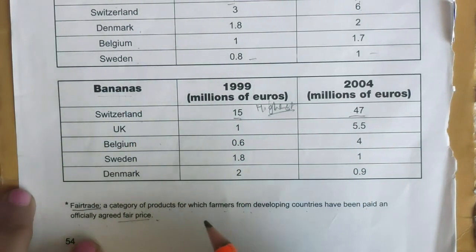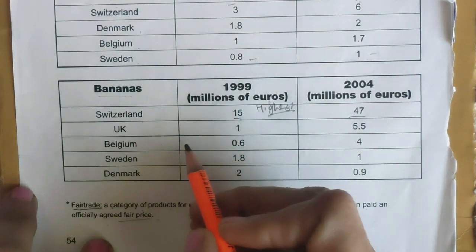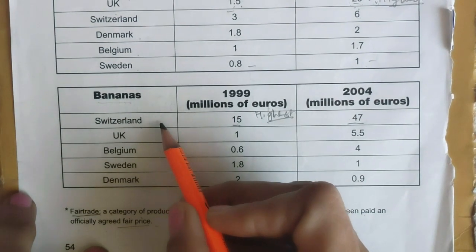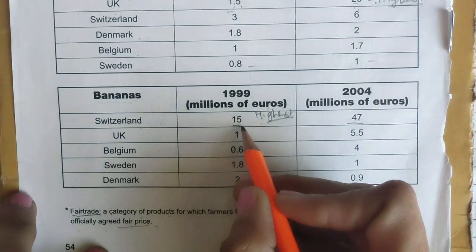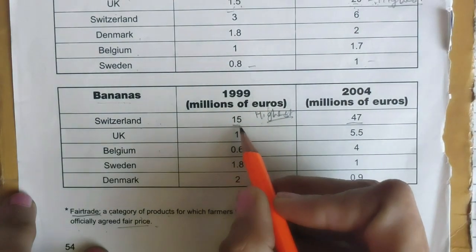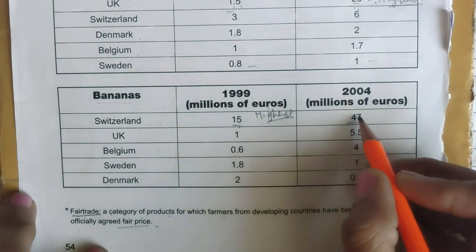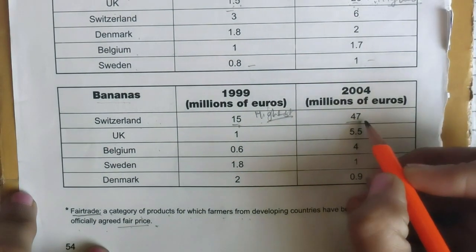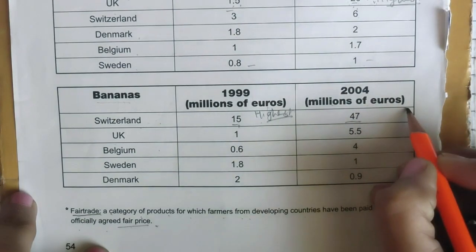So we can vary the sentences. Switzerland bought bananas in 1999 worth 15 million euros, but its sales surged up to 47 million euros.